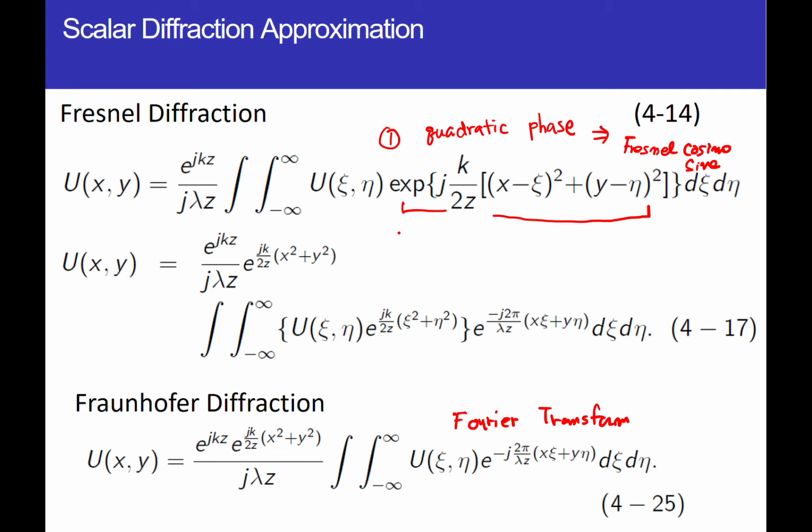Another is to utilize the convolution of two functions: one is the given scalar field at the aperture plane, and the other is our point spread function. Then we have the so-called conv in Matlab, and we can have direct calculation.